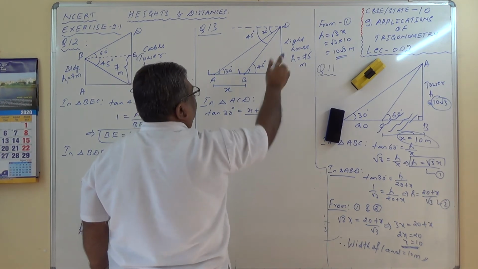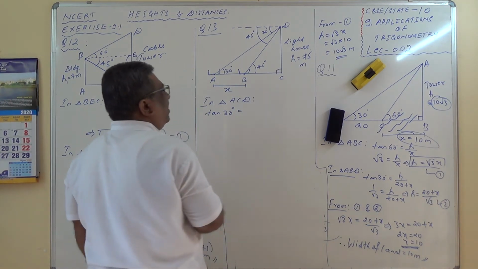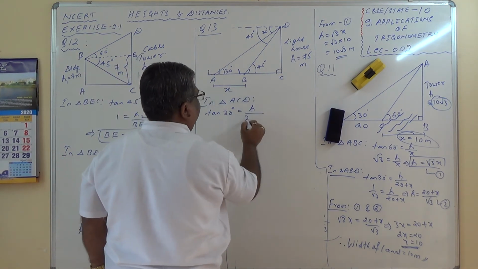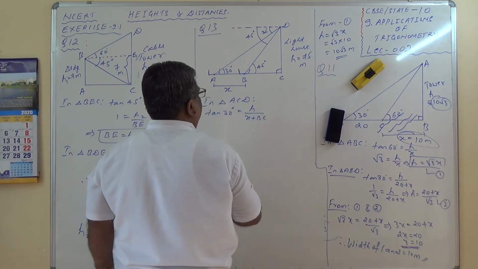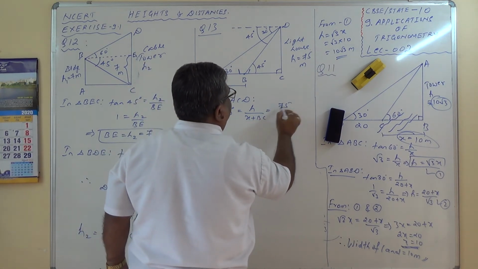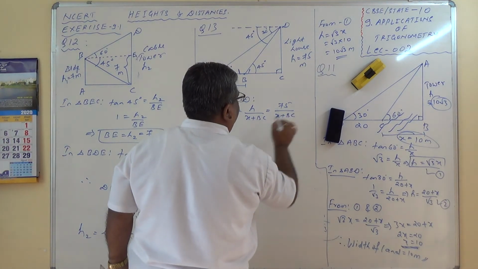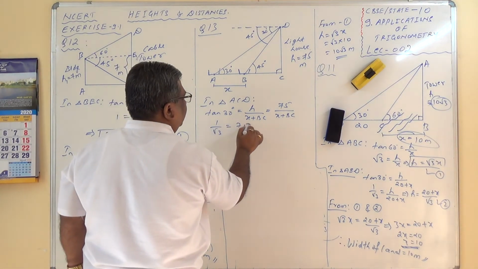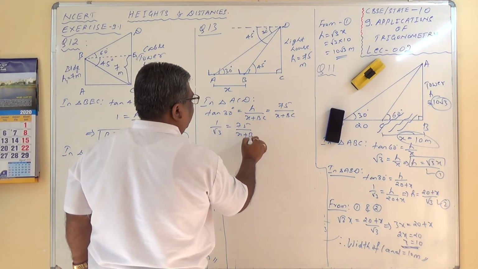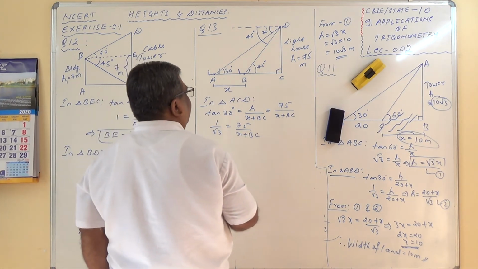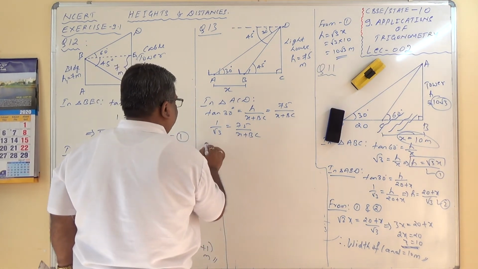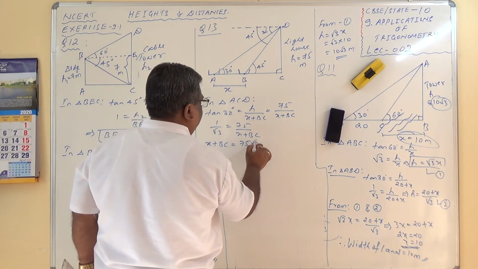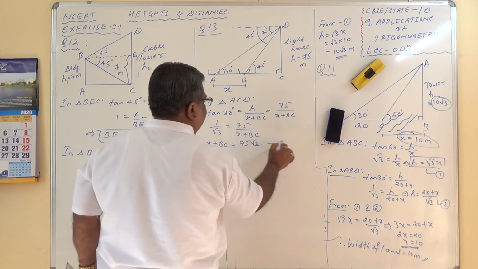Tan 30 is opposite by adjacent, H divided by X plus BC, which is equal to 75 divided by X plus BC. Tan 30 is 1 by root 3 equals 75 divided by X plus BC. So X plus BC equals 75 root 3. Mark this one.